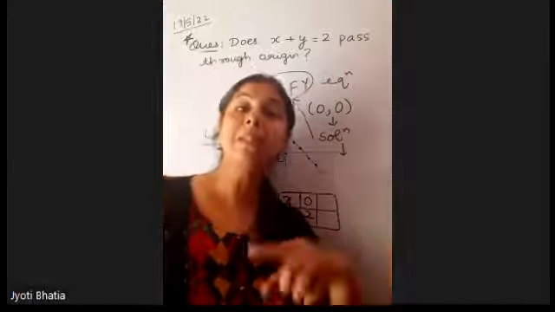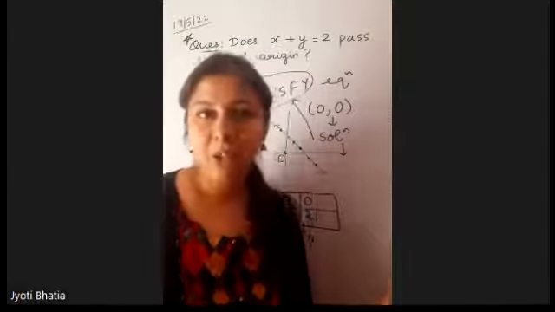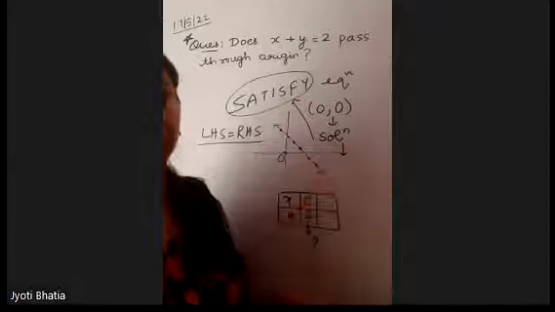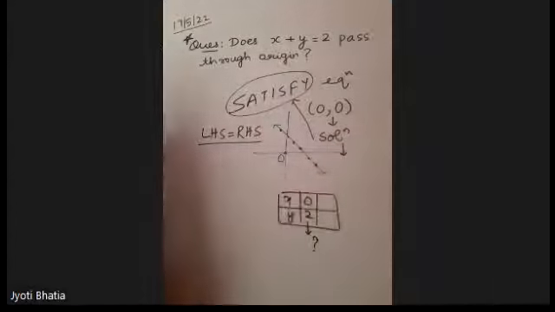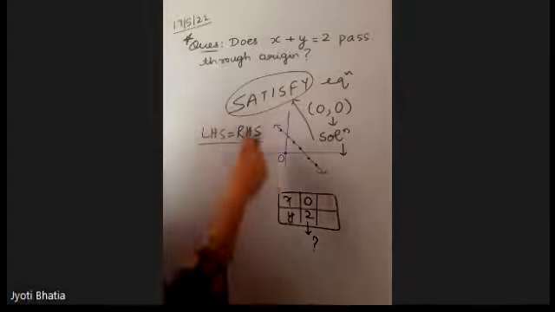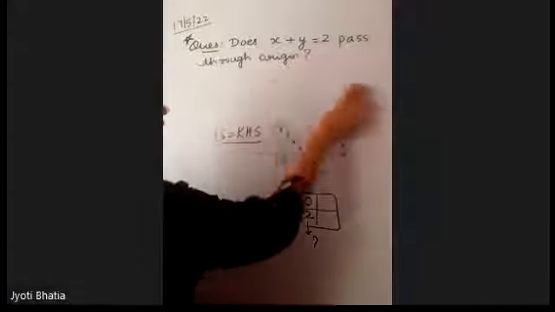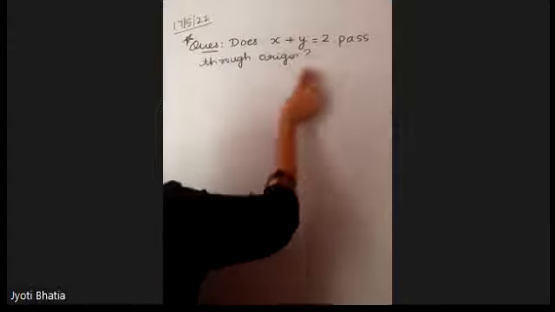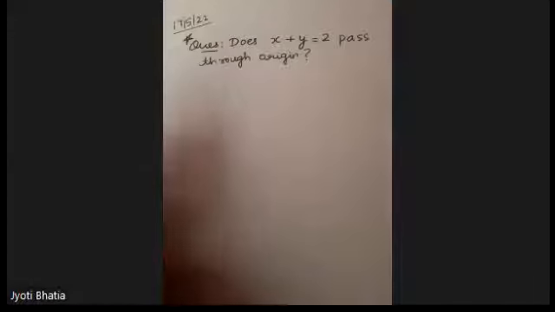Not satisfying means it cannot be a solution. Not being a solution means it is not lying on the graph. Are you with me, children? So if it has to pass through origin, it must pass through 0, 0, which is not possible in this case.